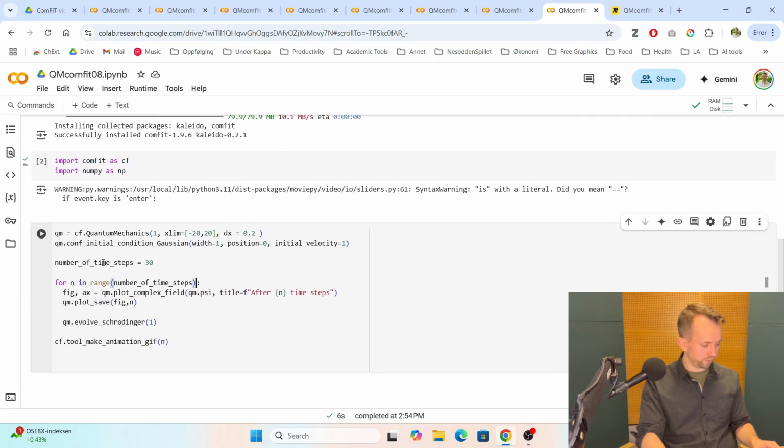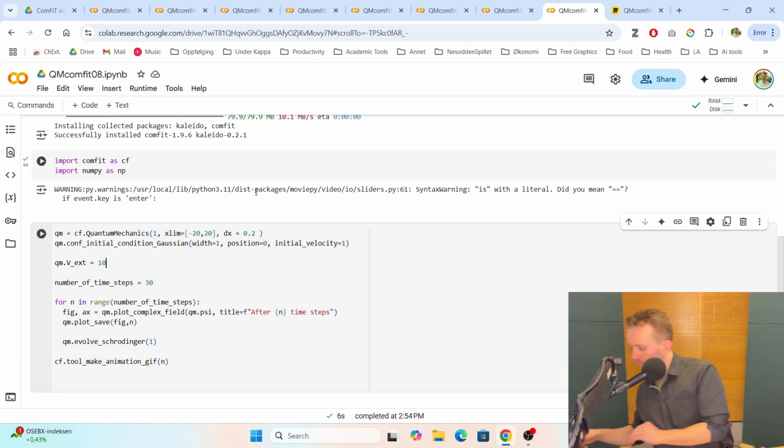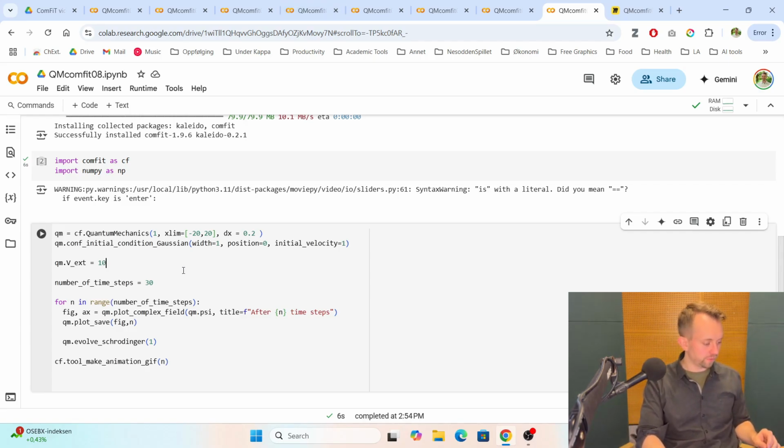We are creating a system, and here we're going to evolve it, etc. So we're going to set the qm.vxt equal to 10, but it's only going to be 10 outside of this region. I'm actually going to use some other parameters here, between -10 and 20, so have it in the middle.